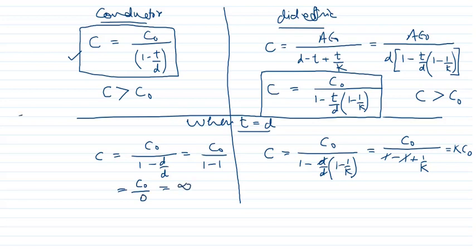So in the case of a conductor, if this is the positively charged plate and this is the negatively charged plate, and the whole space is filled with the conductor, then its capacity becomes infinity. Why?